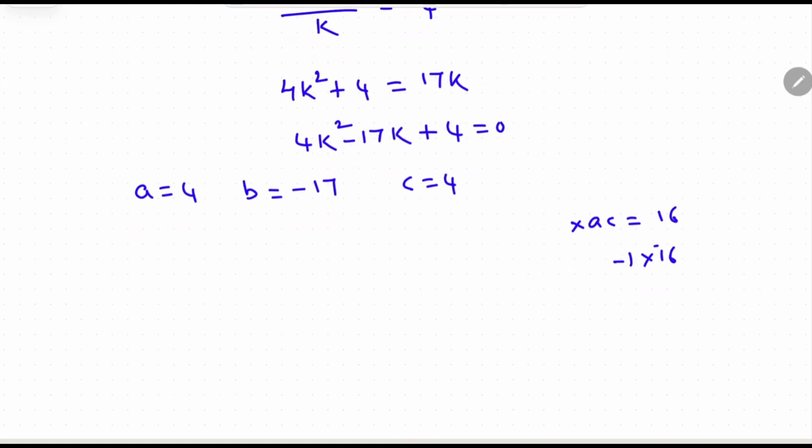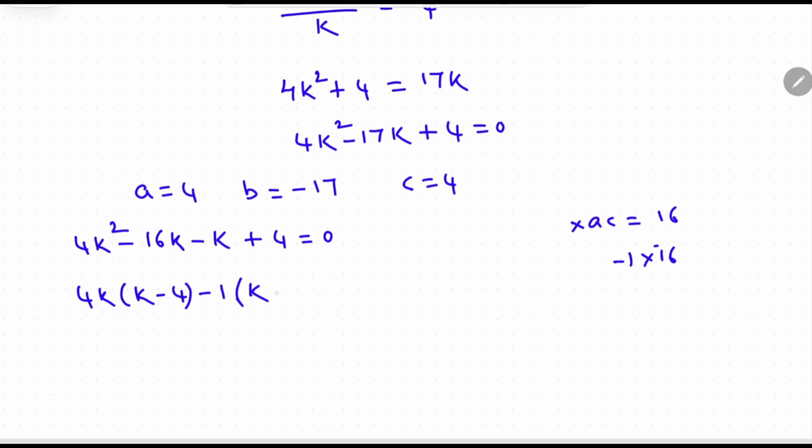Therefore, the factorization will be 4k square minus 16k minus 1k plus 4 equals 0. When I take 4k as common, k minus 4. Here we have to take minus 1 as common. Therefore, negative k will become positive, so positive 4 will become negative.